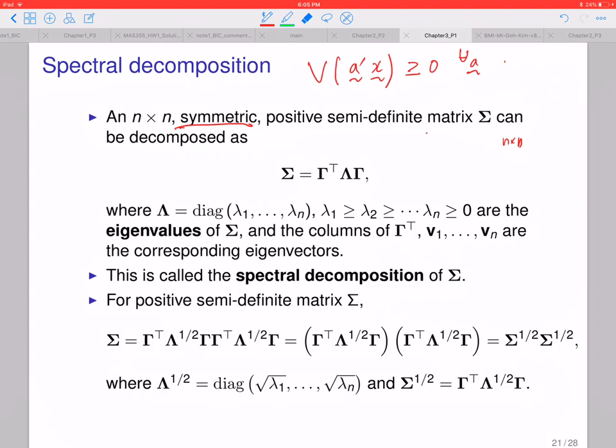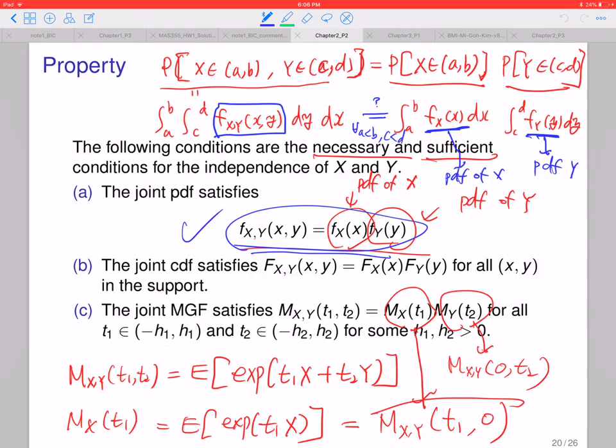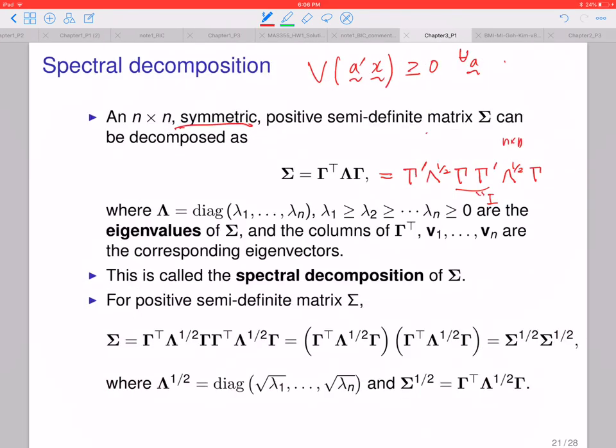Then we can apply spectral decomposition, so that we can write it as something like this: tau, lambda half, tau prime, where tau is the eigenvector matrix, so tau prime tau is actually I. So you can write it as sigma half.